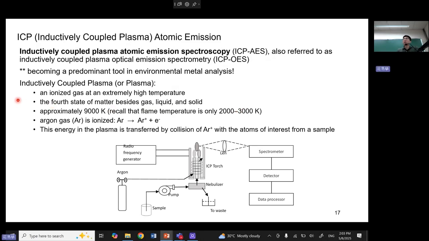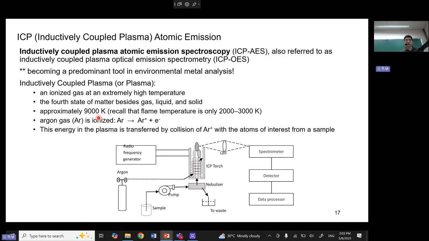And what is plasma exactly? 电浆 plasma. 电浆是什么? What exactly is plasma? Basically, plasma is the fourth state of matter besides gas, liquid, and solid.